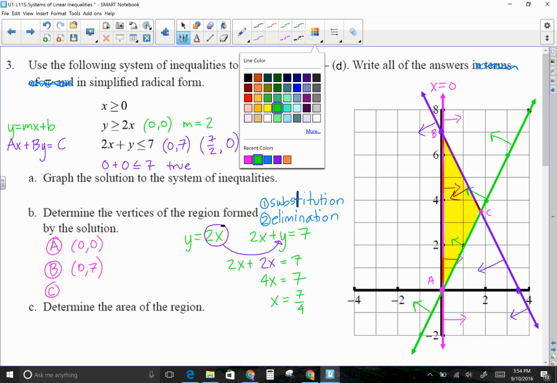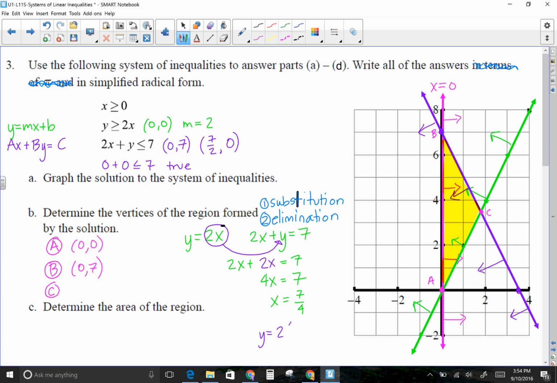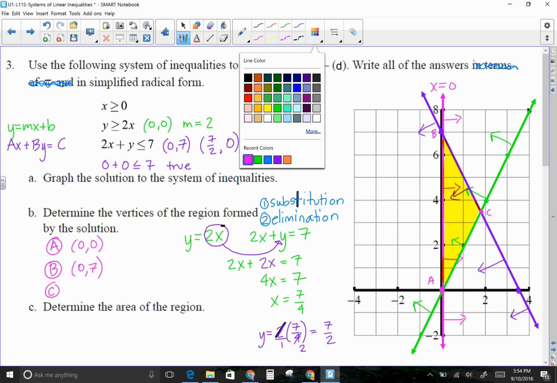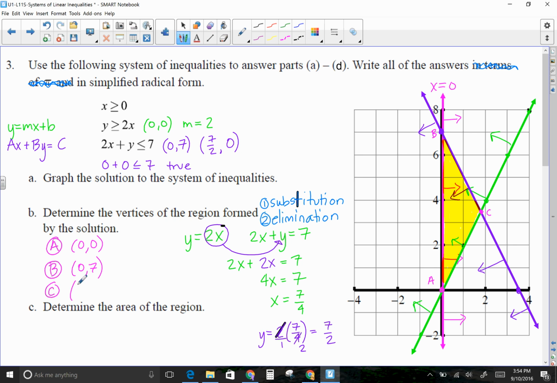So when I plug it in, y is equal to 2 times 7 over 4, which is easiest if you put that over 1 and simplify, that becomes 7 over 2. So the answer to our problem is an x coordinate of 7/4 and a y coordinate of 7/2.